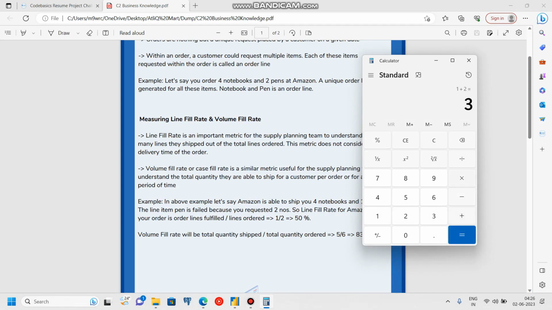So my order has 3 order lines. Now let's say Zepto delivers me a dozen eggs and a packet of brown bread instead of 2 packets. So my line fill rate would be 1, the packet that I have received, divided by 2, the number of packets that I ordered, which is equal to 50%.